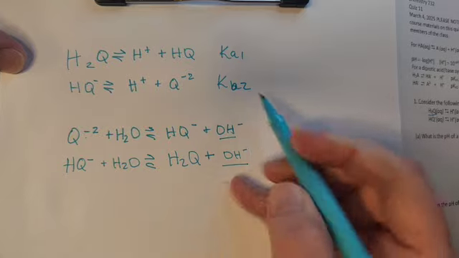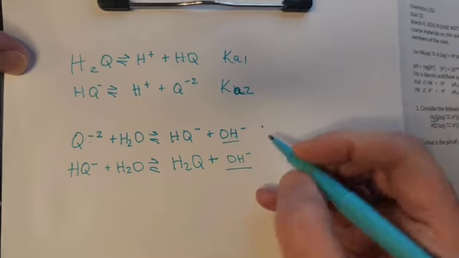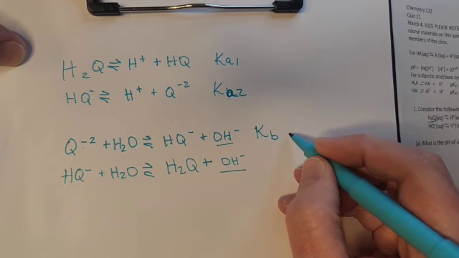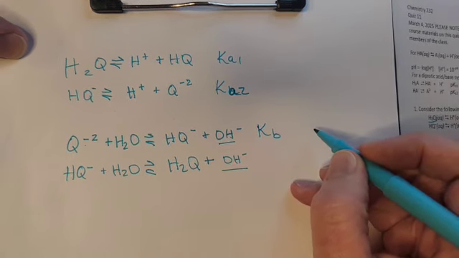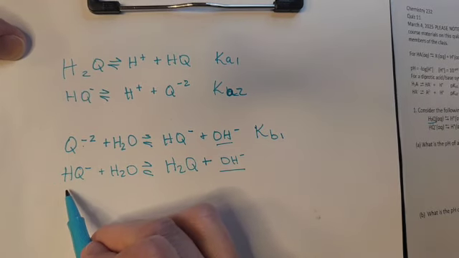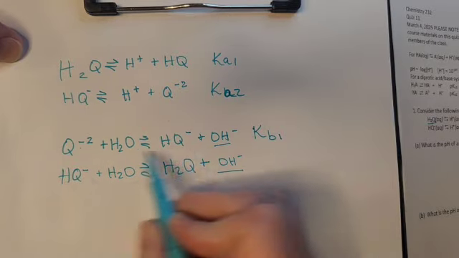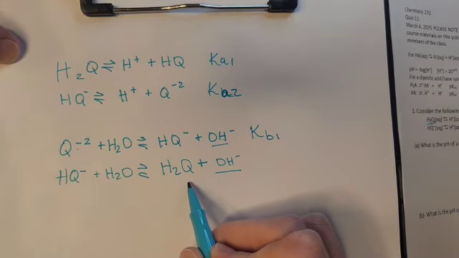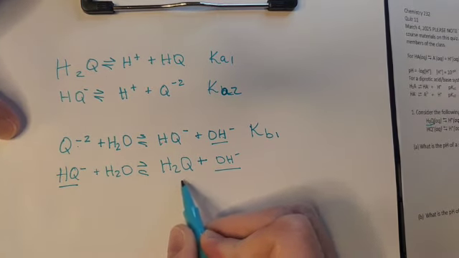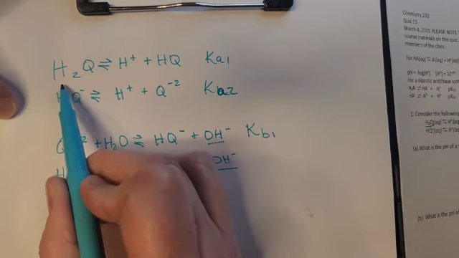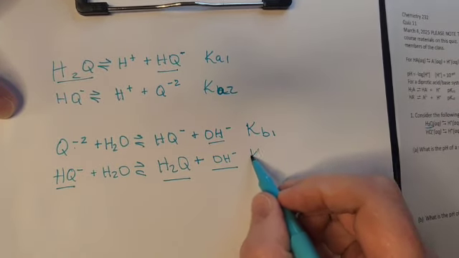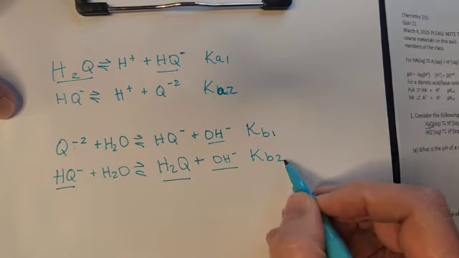So if we're going in reverse, sorry guys, this is going to be Kb1. And this one here, because this is our first step in going from full-on base back to our acid, that is Kb1. This one here, you've got HQ minus and H2Q, which is here. That should be a minus. And so this is going to be your Kb2. All right?